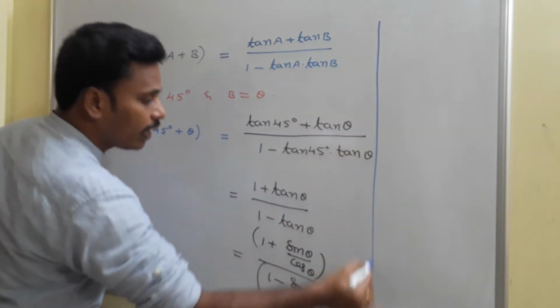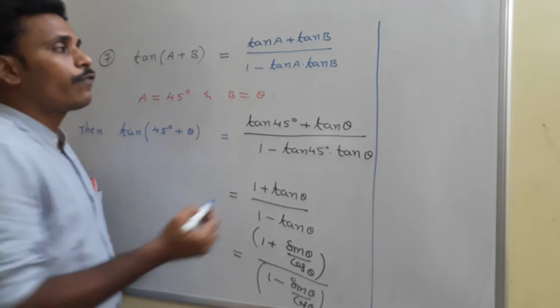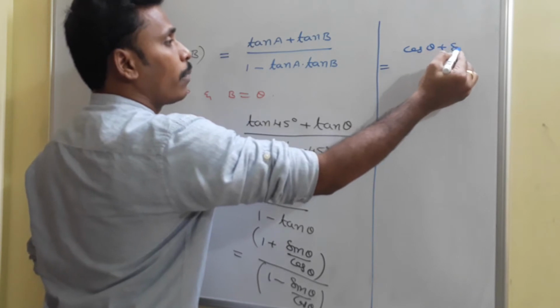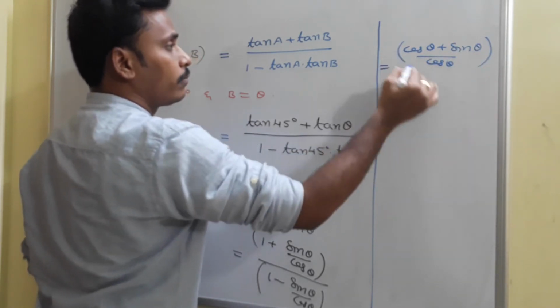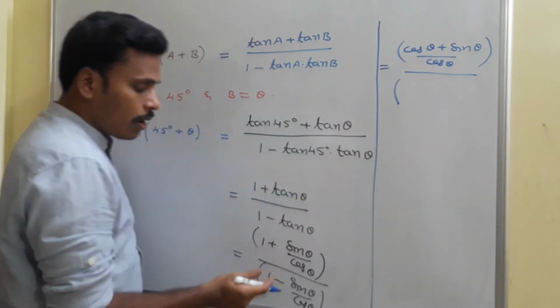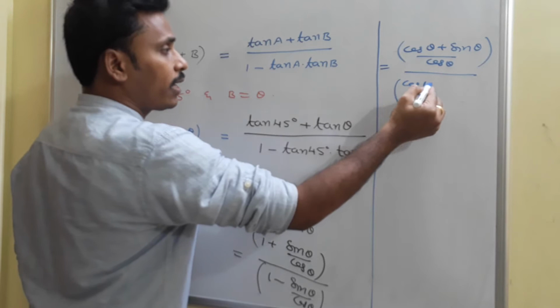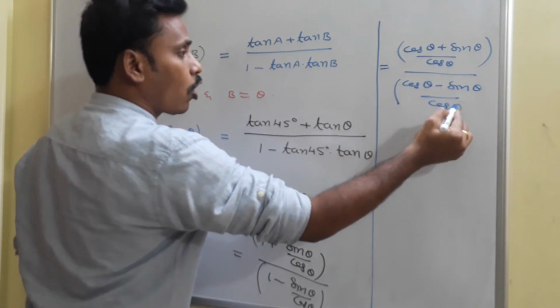Now if you look there, the numerator is 1 plus sin theta by cos theta. If you take the LCM, it becomes cos theta plus sin theta divided by cos theta. And in the denominator, 1 minus sin theta by cos theta, if you take the LCM, becomes cos theta minus sin theta divided by cos theta.